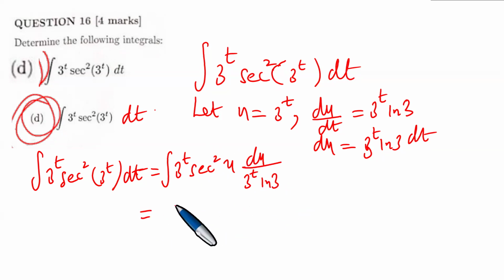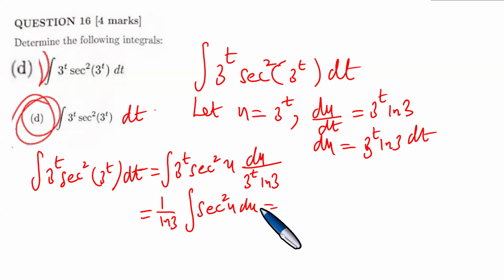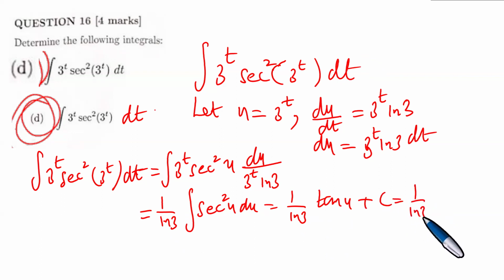So we divide this here and you have 1 over ln 3, and then you have here the secant squared of u du. Right, and this is 1 over ln 3. What is the integral of the secant squared of u? This is the tan u plus c, which is 1 over ln 3, the tangent.